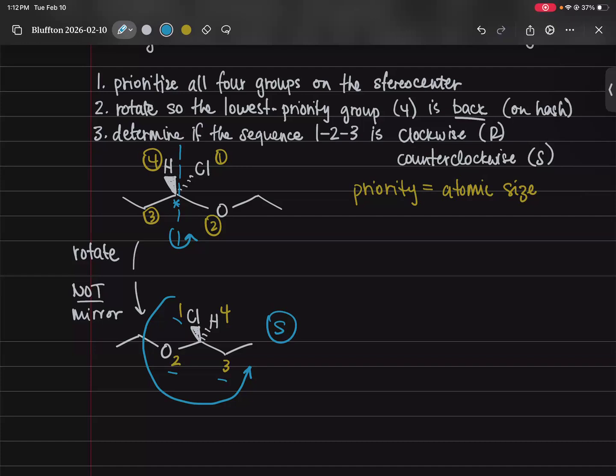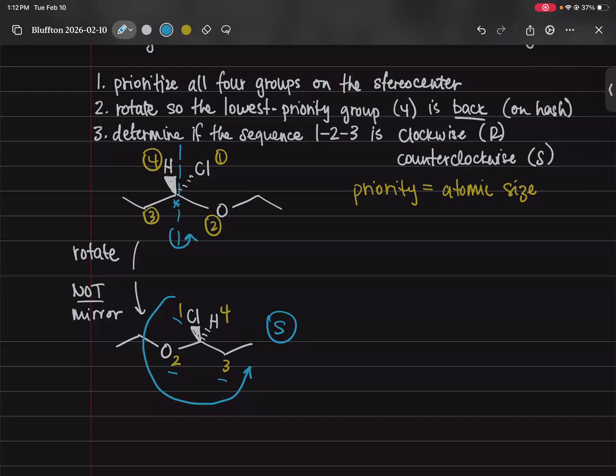Okay, I told you there was a cheat with step 2, right? Rotate so that the lowest priority group is back. So in our correct version, where the hydrogen is pointing back, 1, 2, 3 goes counterclockwise. What about the wrong version where the hydrogen is coming toward us?